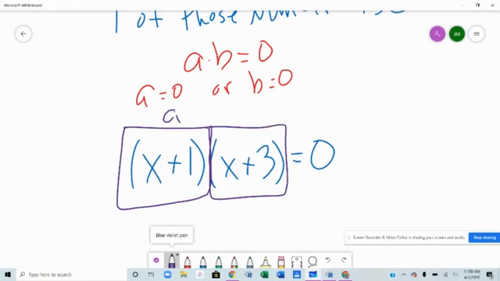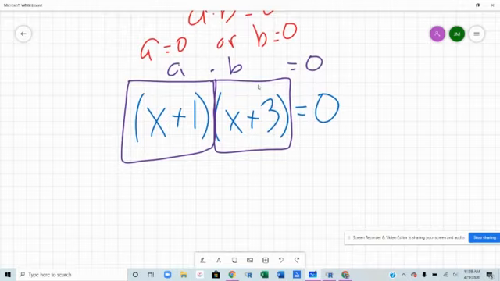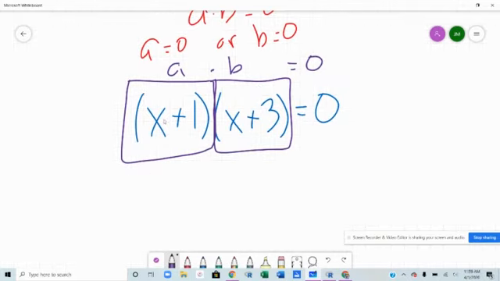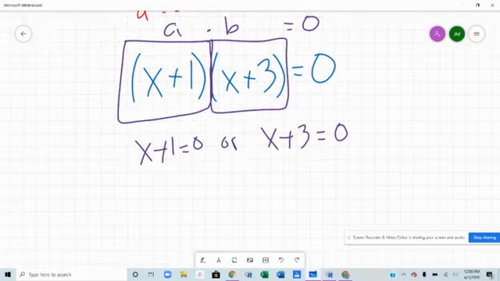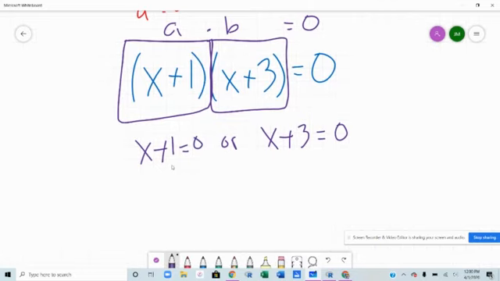This is kind of like the A times B equals 0 portion, where A is this x plus 1 and B is the x plus 3, which tells you that either A equals 0, and A in this case is x plus 1 equals 0, or B equals 0, which B for us is x plus 3, must equal 0. And so this is what you're going to use to help you solve your equations, because now you have this very simple one-step equation. You can solve this for x to get your answer.